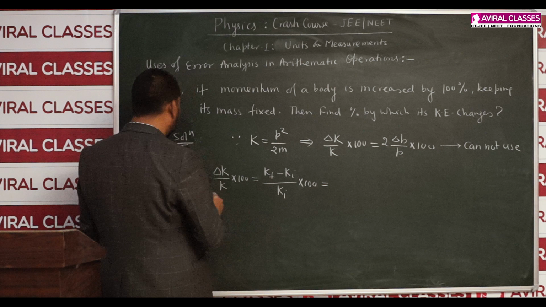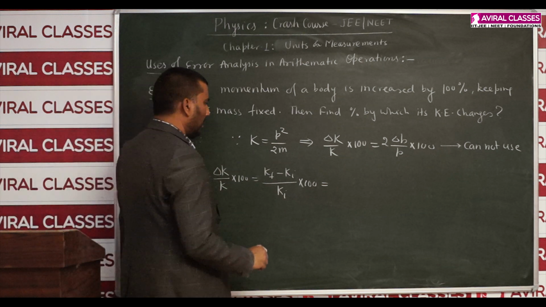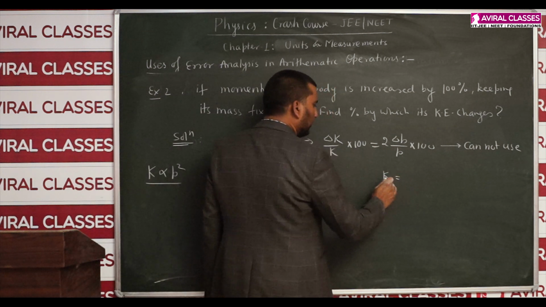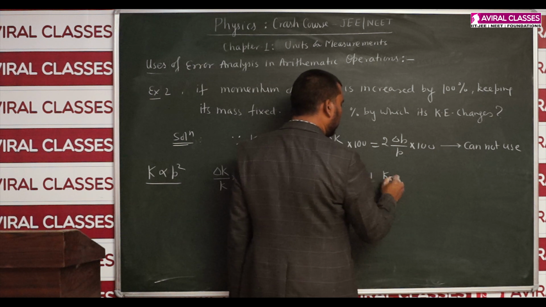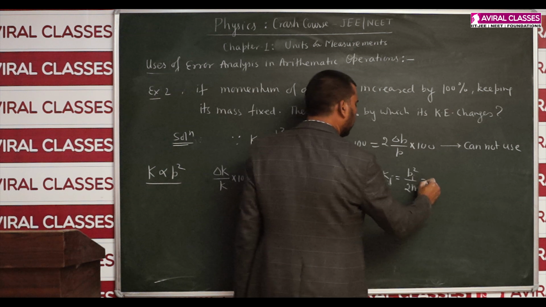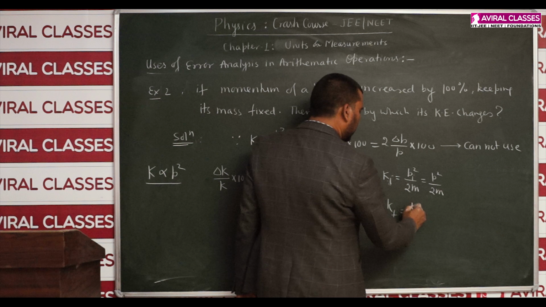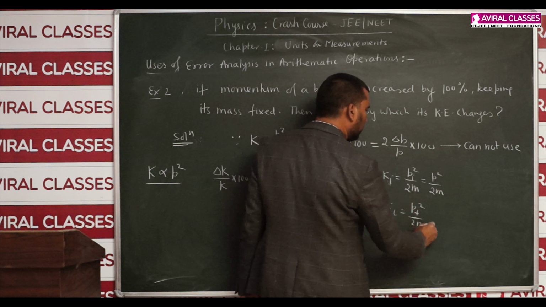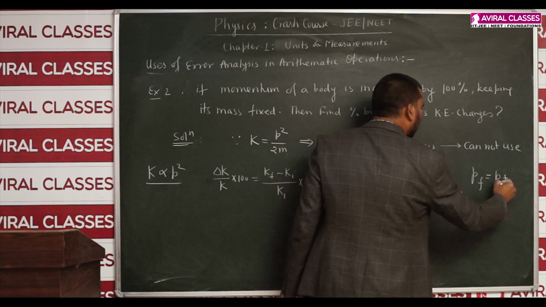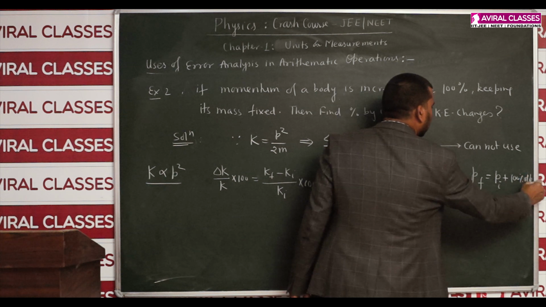Now, since kinetic energy is directly proportional to P square, let initial kinetic energy is P square by 2m. Final kinetic energy is P final square upon 2m. And final P is P initial plus 100% of P initial.